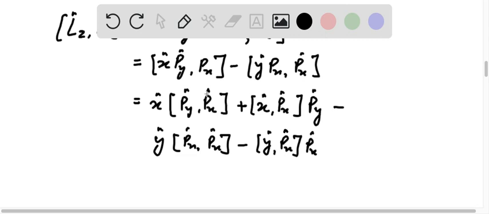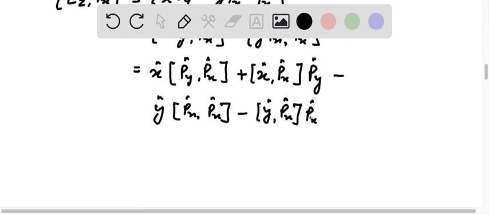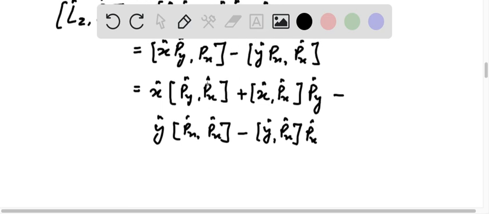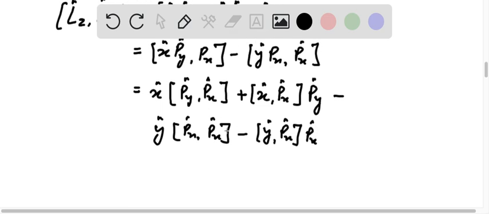Now, to calculate this, we should know the commutation relation of px and py. As we know, the commutation relation of py and px is 0, so this value will be 0.